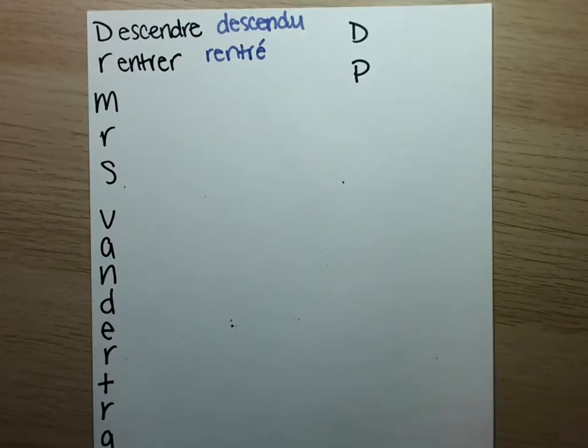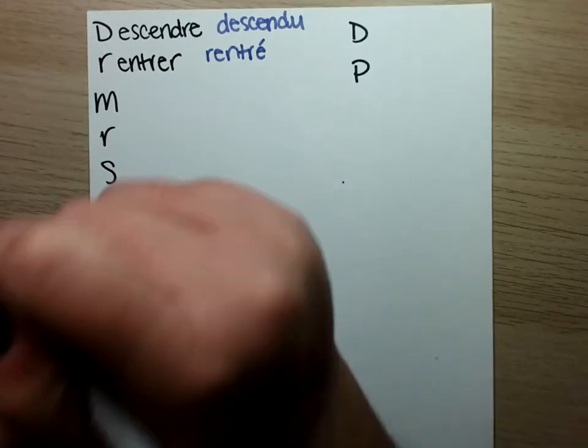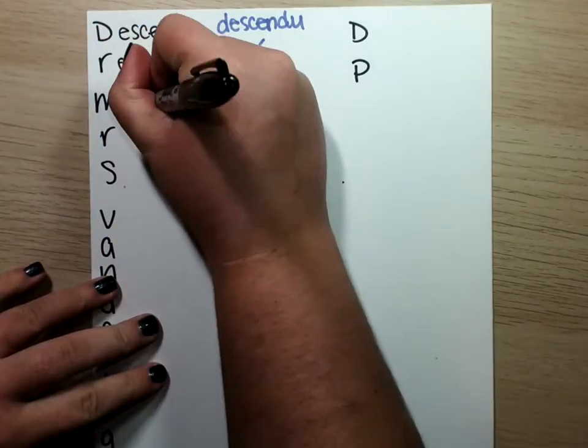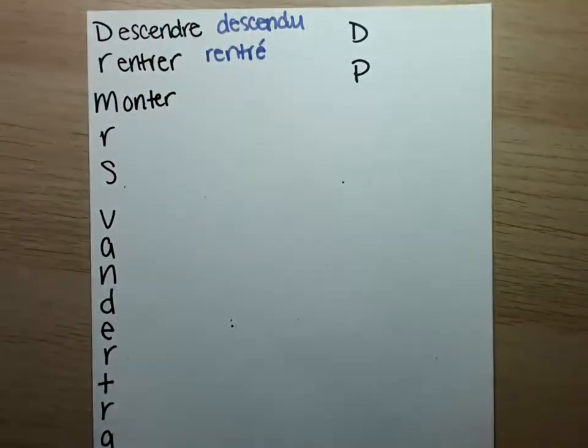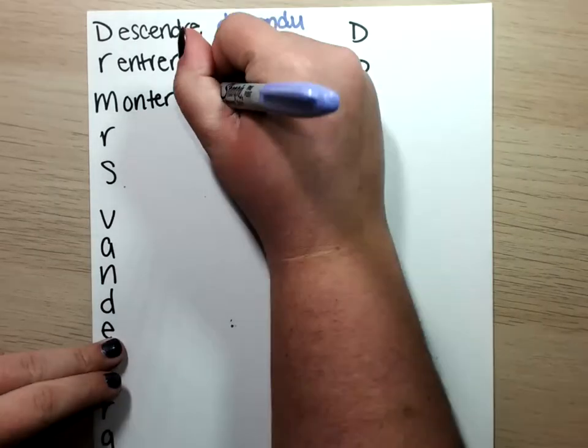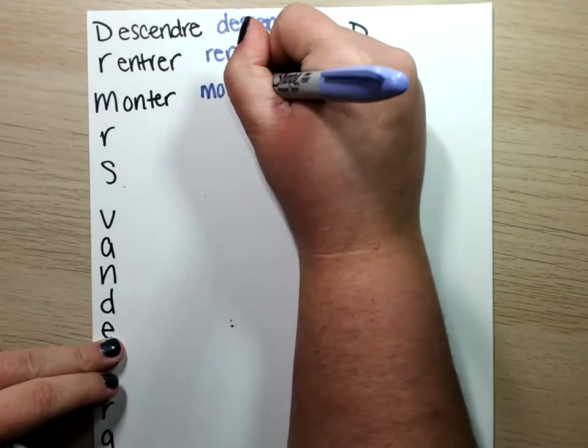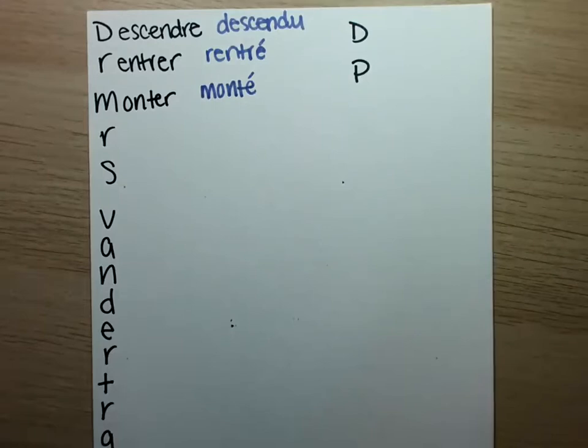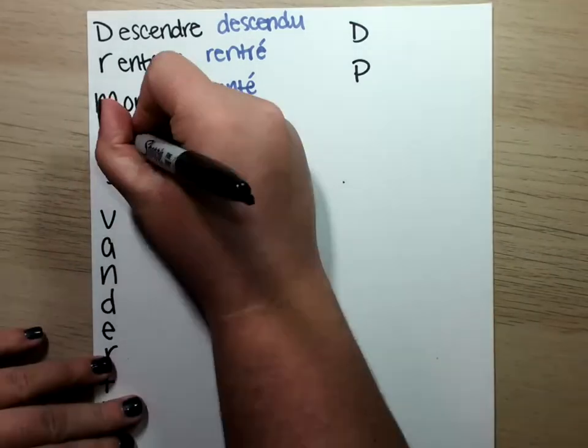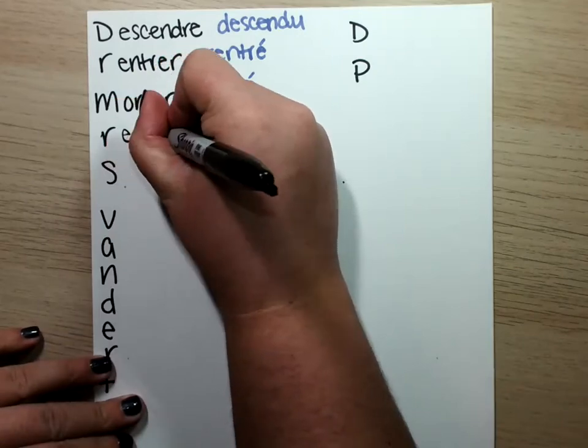All right, next one is monter. Monter is the verb to go up. So monter is regular as well and follows that rule. Our next verb is rester.